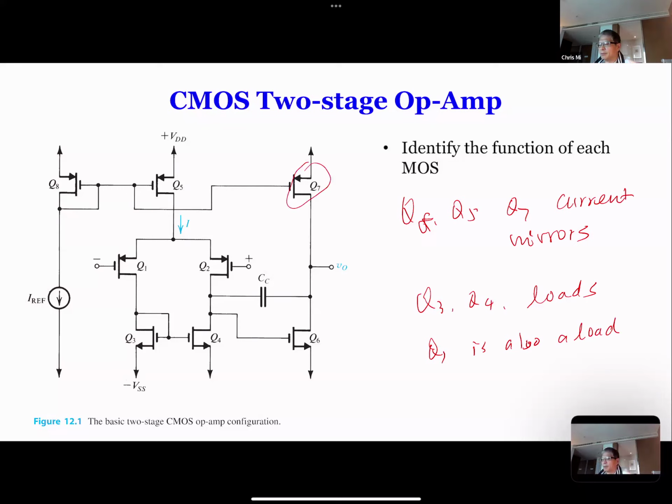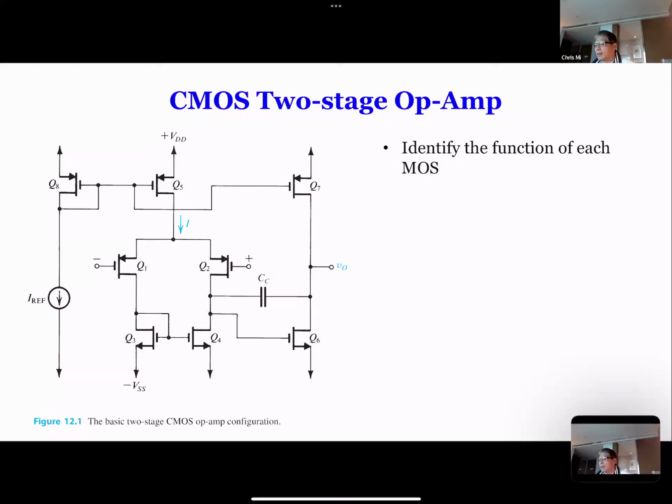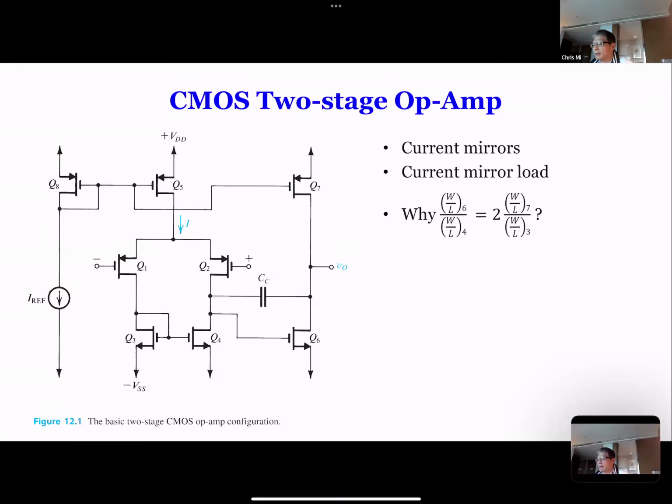So this is a current mirror, and these are loads. And we have also identified that W over L of Q6 should be twice W over L of Q4, because the current is half I, half I, half I, half I, but the current here is I. Okay, so that's where we are.